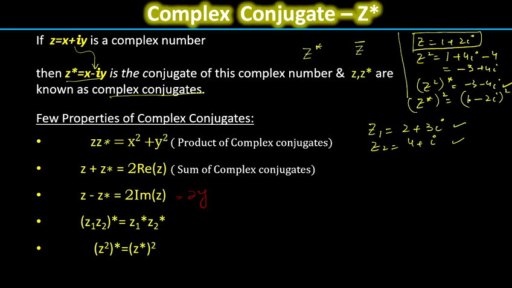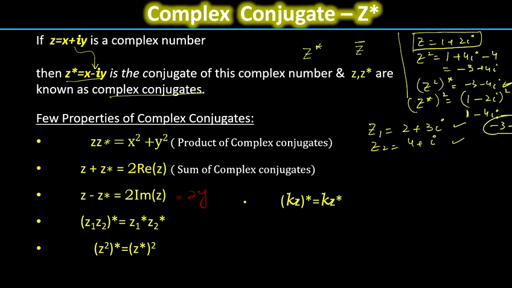If you square it, what do you get? 1 minus 4 iota, iota square is minus 1, minus times minus is plus. What do you get? You get minus 4. Ultimately, you're getting minus 3 minus 4 iota. Same result. Note down these properties, please.